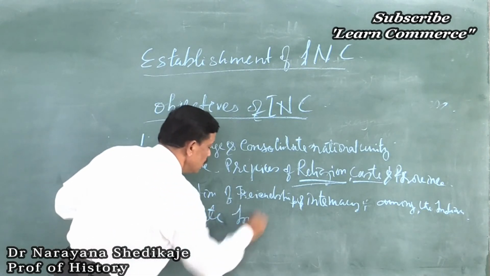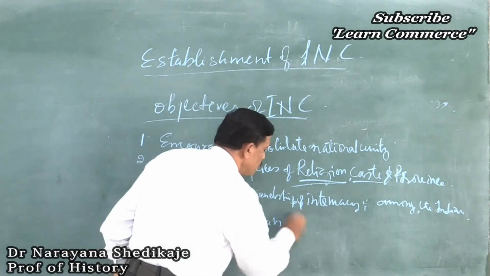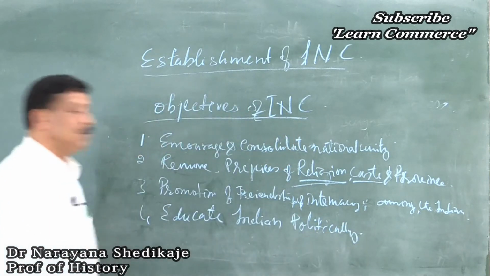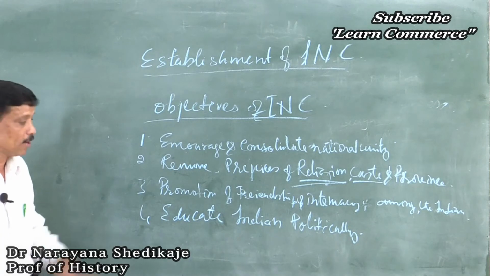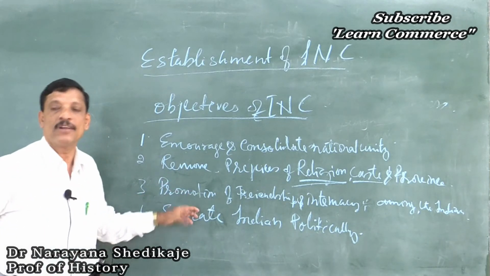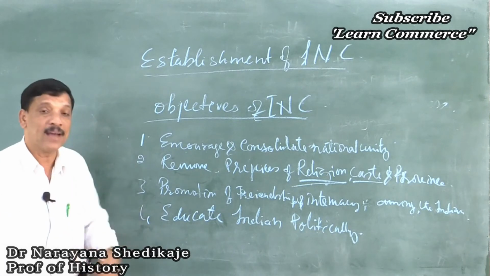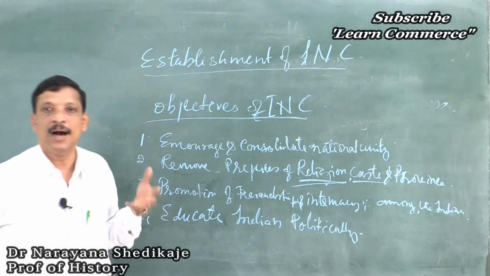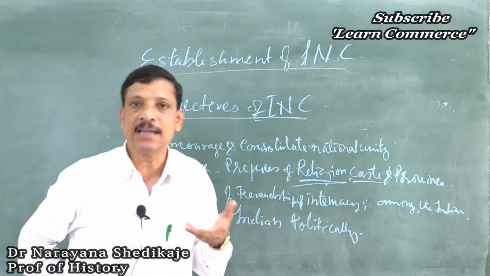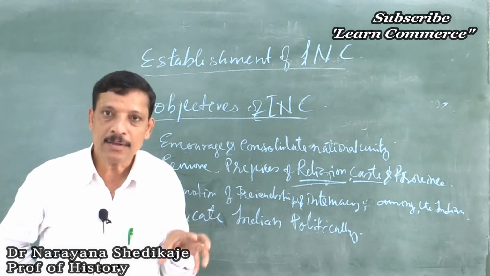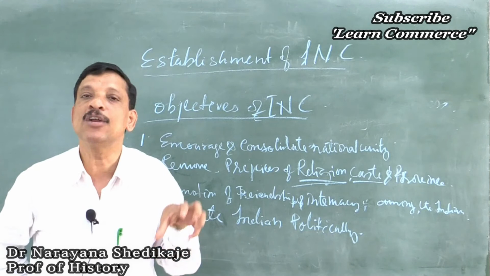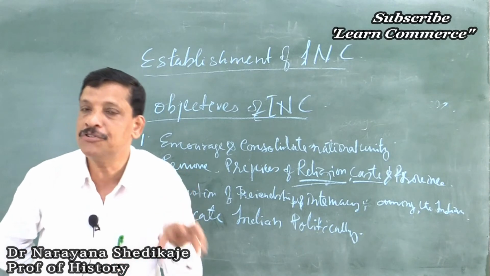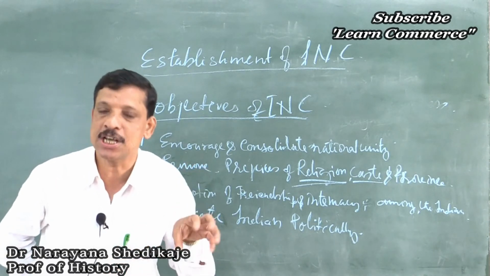And fourthly, educate Indians politically. Indians were not much educated in democracy, republicanism and these new concepts, because few Indians learned abroad and underwent English education, but most Indians were ignorant about modern political theories and modern political concepts.